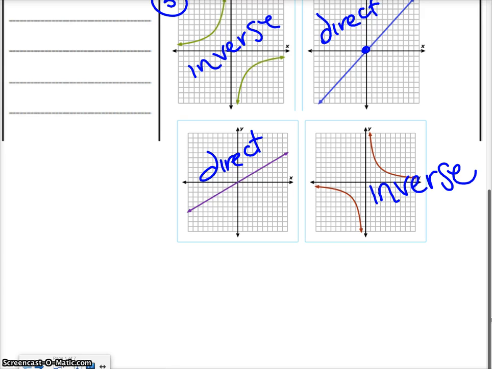It avoids 0 at all costs. So, main learning target right here, if I give you a graph, can you tell me if it's directly proportional or inversely? Yes or no? Yes. Okay. So pretty much what I look for, is it going right through the center, or is it going like curved and never touching the center? That's what I look for.